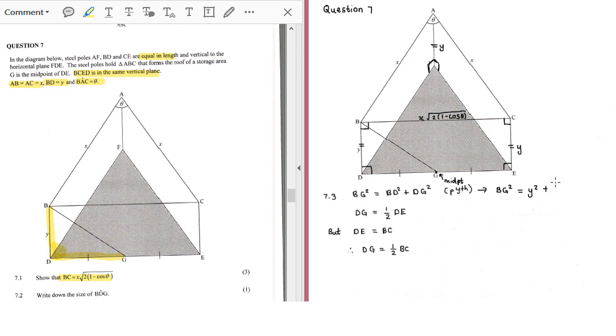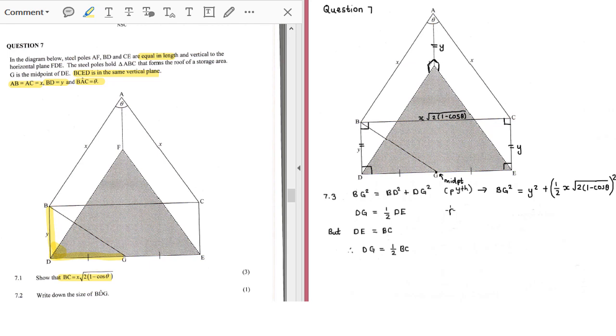So DG, we're first going to substitute in a half of BC, and BC is x square root of 2 into 1 minus the cosine of theta. Okay, don't forget that still has to be squared.